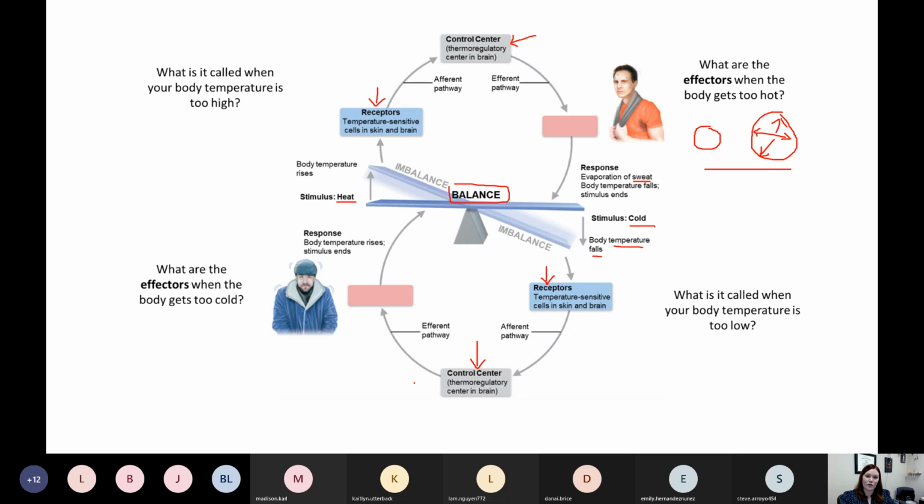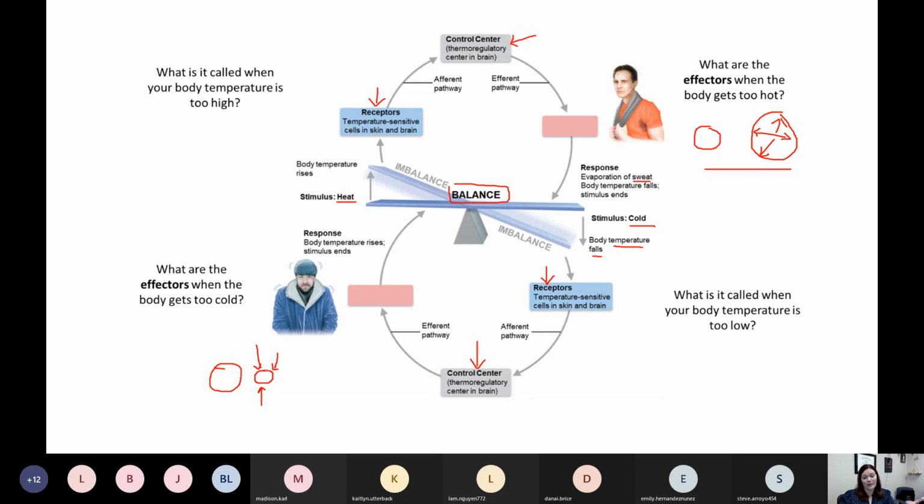The other thing that my control center is going to say is, hey, blood vessels, you're normally this size and I lose heat when you're that size. You need to get smaller. You need to do vasoconstriction. So my blood vessels that I see by my skin are going to squeeze smaller because any blood that's up by the surface of your skin is losing its heat.